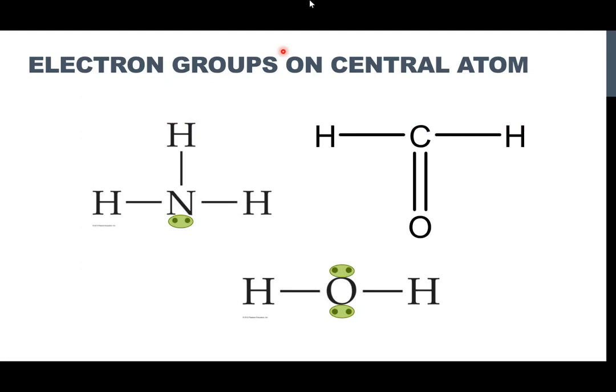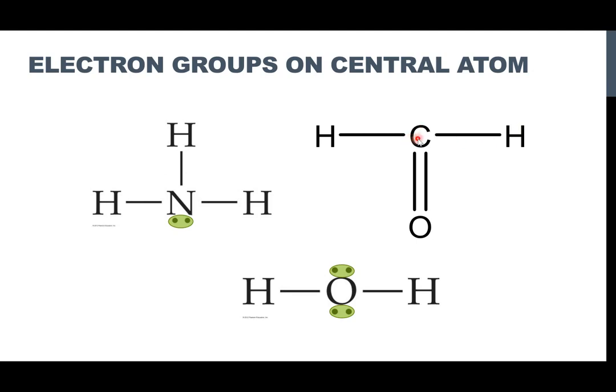Okay. So we're going to look at electron groups on the central atom. So before we look at how these push away from each other, we need to figure out what in the world we're looking at, right? So the first thing, central atom. The central atom is going to be our pivot point. Okay, so here in this ammonia molecule, our nitrogen is our central atom, and we're going to be looking for all the things that are around it.